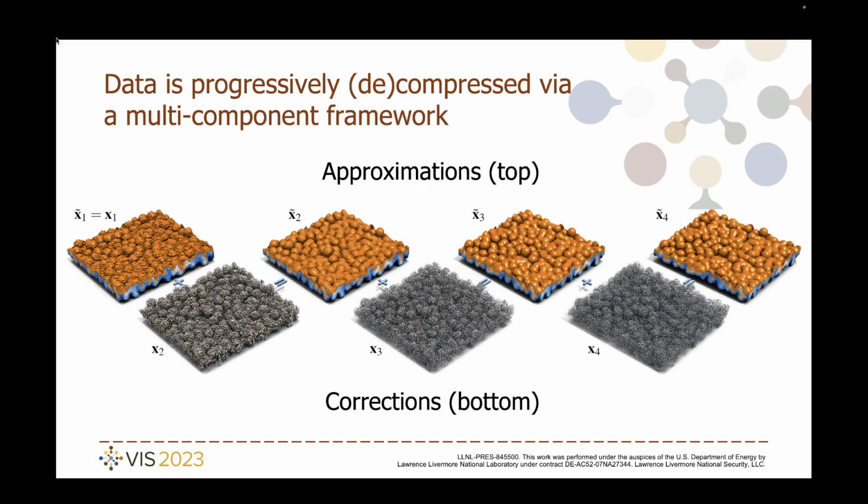Condensing the steps just described in a single figure, we get this illustration where x tilde variables denoting approximate fields are shown on top, and the x variables denoting corrections are shown on the bottom. We note that our approach effectively stores the corrections in compressed format, so that the approximations can be reconstructed later.